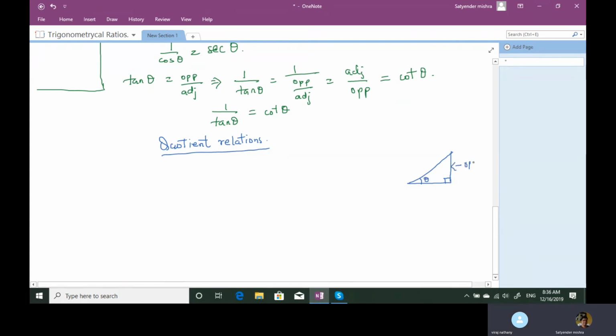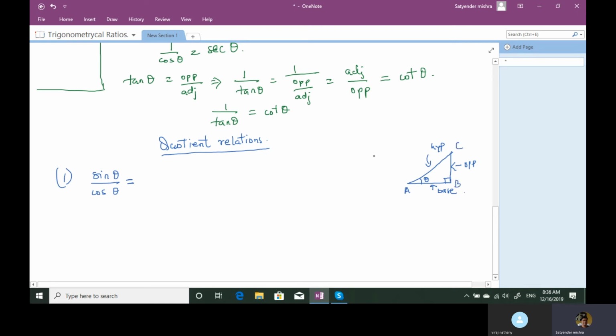This is opposite. This one is hypotenuse, and this one is base. Right. So the relationship is, let's find out sin theta by cos theta. Let's give us the names here: A, B, and C.